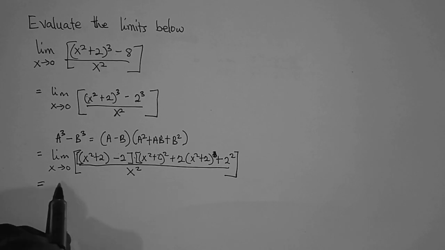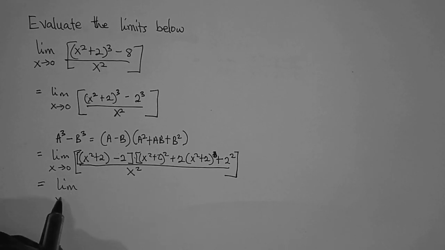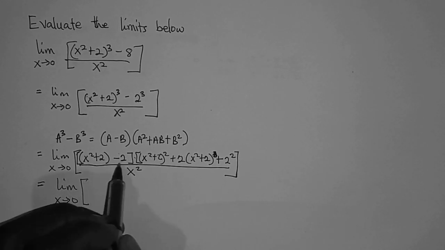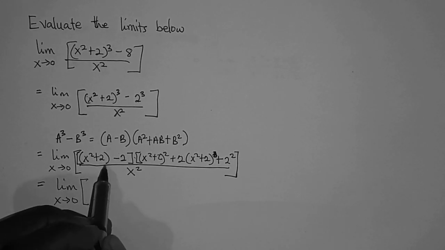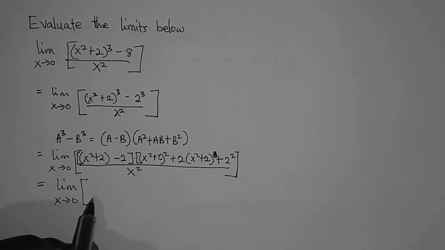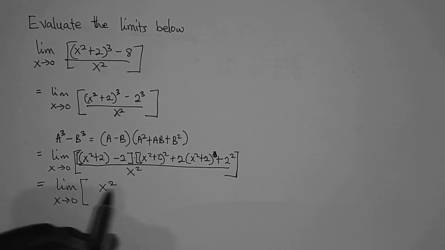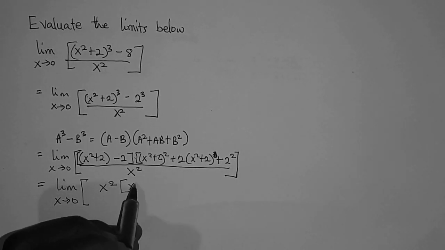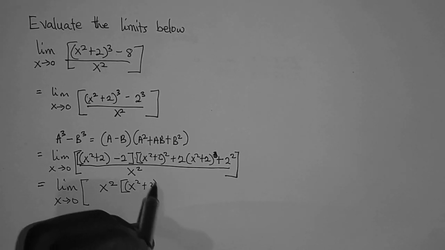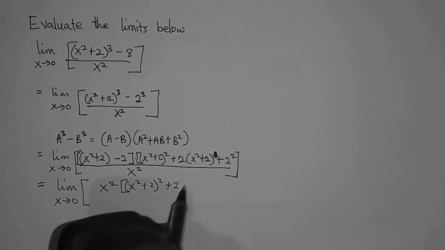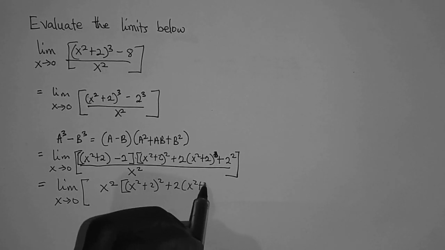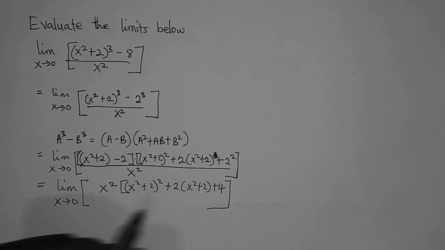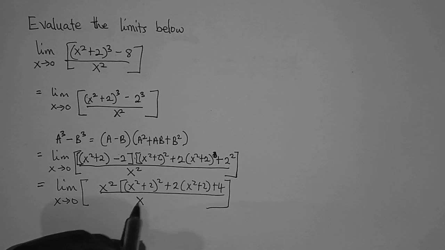So this is equal to limit as x approaches 0 of. Now let's open this bracket. You can see that plus 2 and minus 2 will go away. So it becomes x squared times all of this, which is (x squared plus 2) squared, plus 2 times (x squared plus 2), plus 2 squared, which is 4, all divided by x squared.